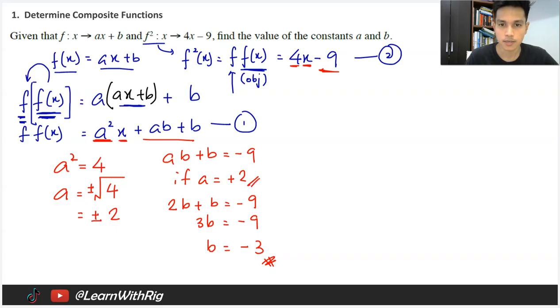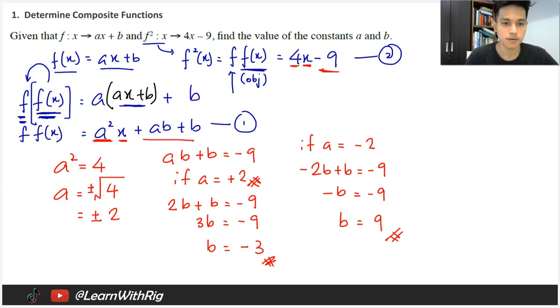So if a is positive 2, b is negative 3. But what if a is negative 2? You're going to get −2b + b equals −9, so you get −b equals −9. So b is equal to 9.